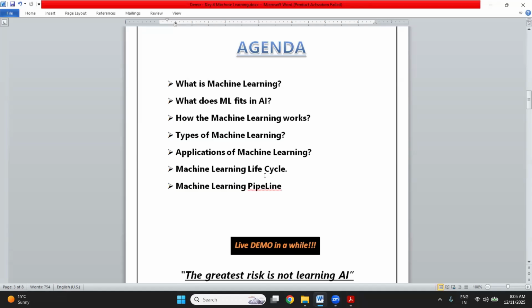Then we will discuss the different applications which are using machine learning. Then there is something called the machine learning life cycle, using which we'll look at an end-to-end example. Then, if time permits, we'll check the machine learning pipeline.